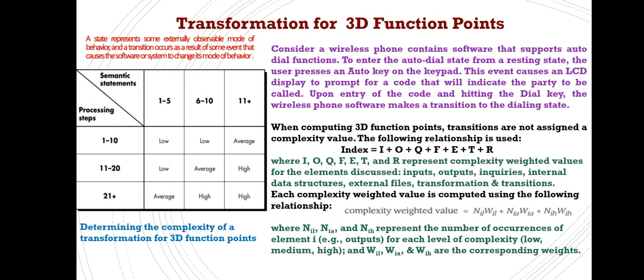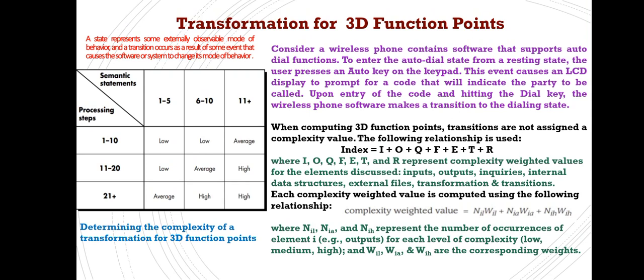The auto key must correspond to a particular contact, so that this event causes an LCD display to prompt for the code that will indicate the party to be called, to which person we need to call. That prompt code must be given whenever the LCD display shows that prompt. Upon entry of the code and hitting the dial key, the wireless phone software makes a transition to the dialing state.